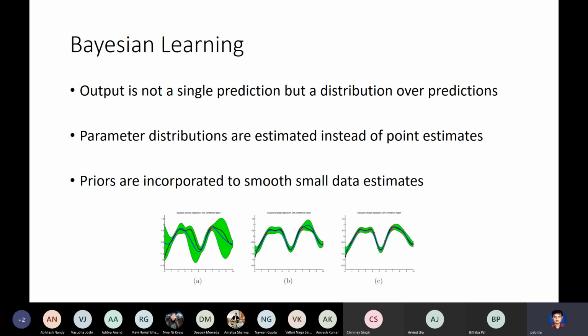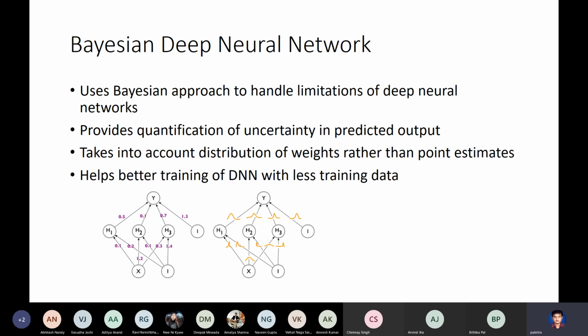If your likelihood is not good because you have less data, you can still use the prior to do a somewhat better job. So priors or domain knowledge can be easily incorporated. This is really difficult in deep learning. You cannot encode domain knowledge except for pre-training or something like that.